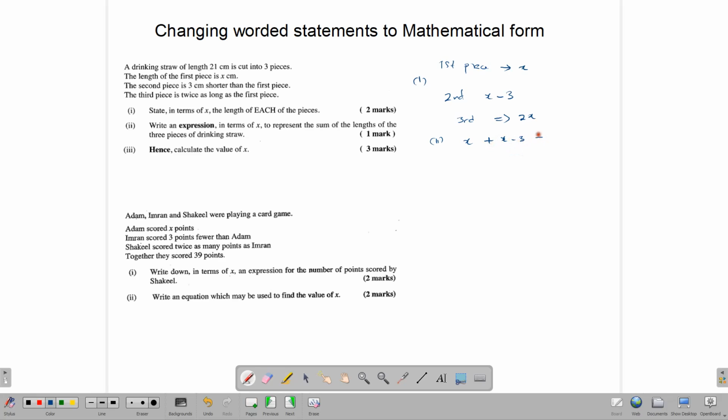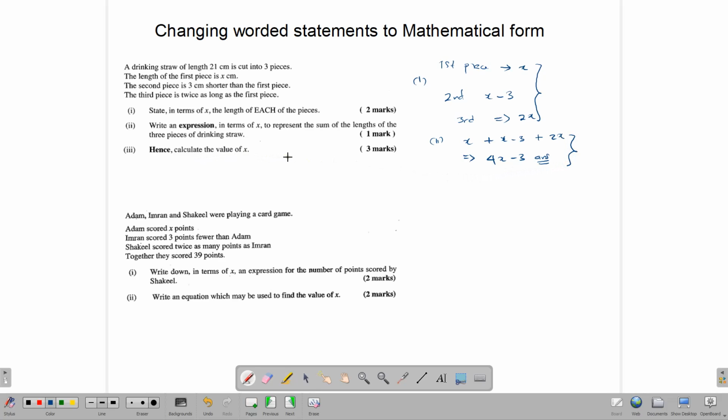And the third piece would be twice as long, which is 2x. You could leave it like this, or you could simplify it. And if you simplify it, then it becomes x plus 2x, and that gives you 4x and a minus 3. So this is the first part of our question, and this is the second part of our question.